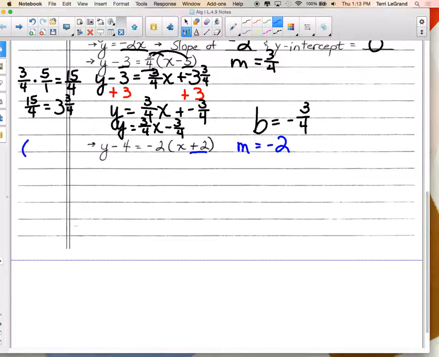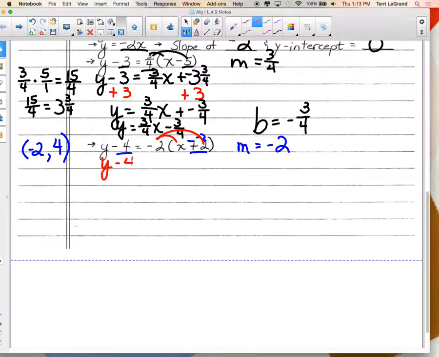Negative 2, because we would really need to change this to subtract the opposite. That's a negative 2. And what's the y value? Is that the y-intercept? No. Okay, well, I guess then so much for taking the easy out.